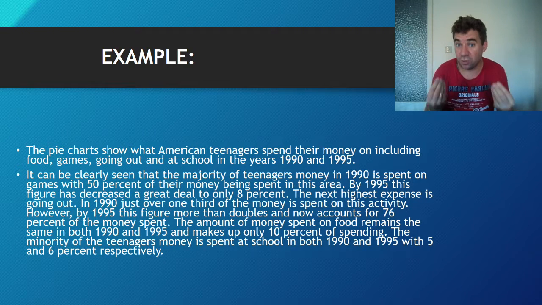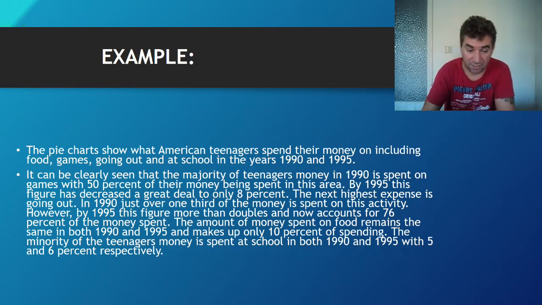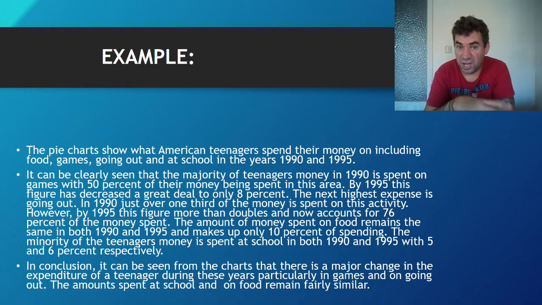There's a lot of figures to back up what I'm saying, and there's a lot of descriptive vocabulary. Picking out some of it: has decreased a great deal, 1/3, more than doubles, minority, majority.